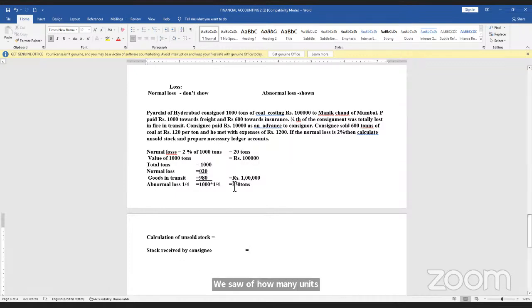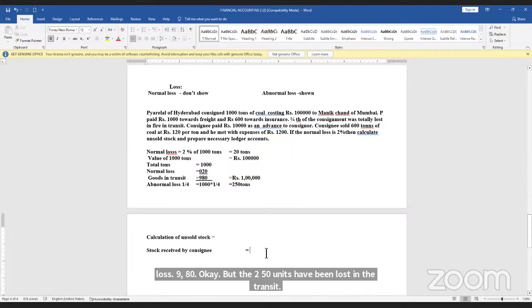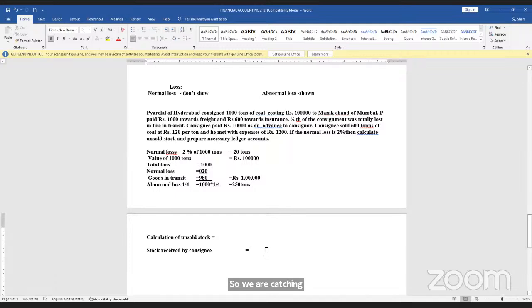980 minus 250. Because normal loss is already accounted in 980, but the 250 units have been lost in transit. So we are calculating unsold stock. He received 980 minus 250, 730 units.